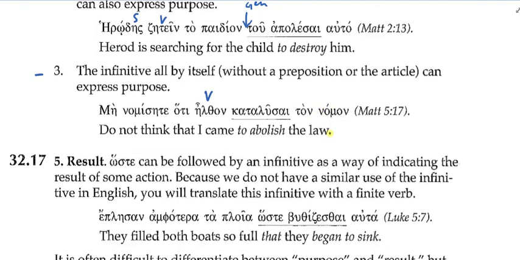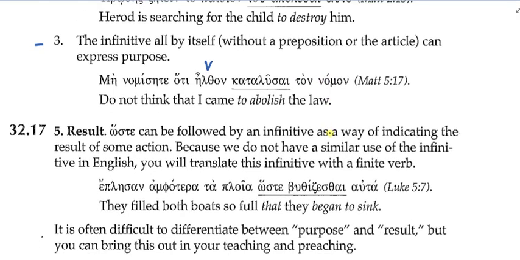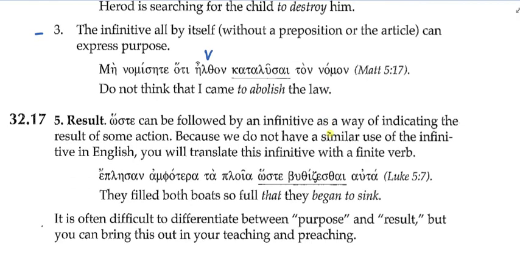And then finally, the infinitive can be used to express results. And here, what is usually meant is the result without intended purpose. Okay? Obviously, if I do a main verb with the intention of something happening, I came to give them life, my hope is that my intention will be fulfilled. And so that could be the result as well.